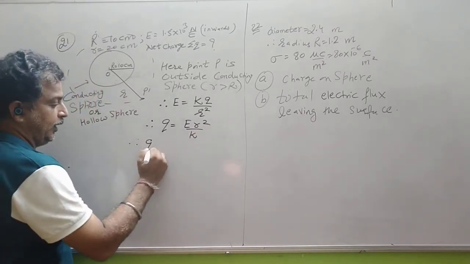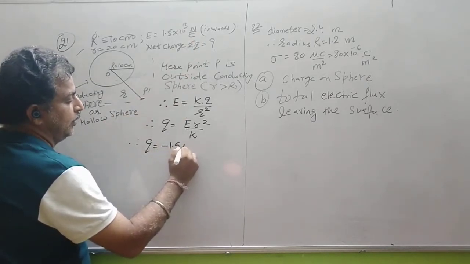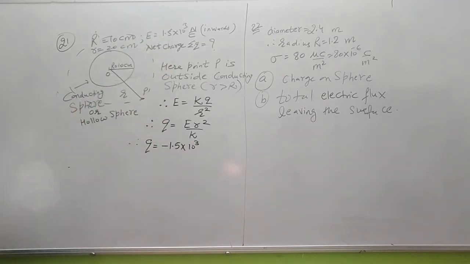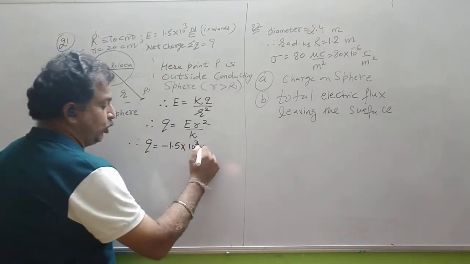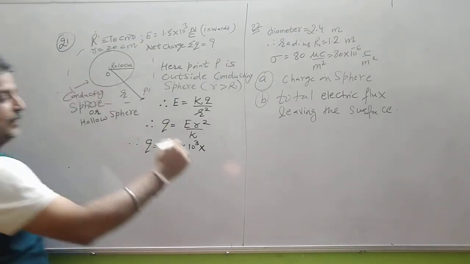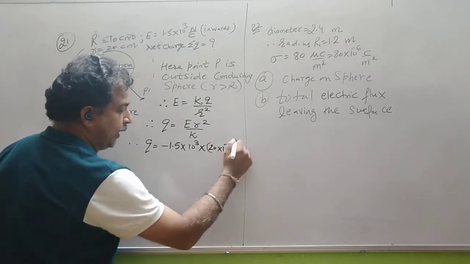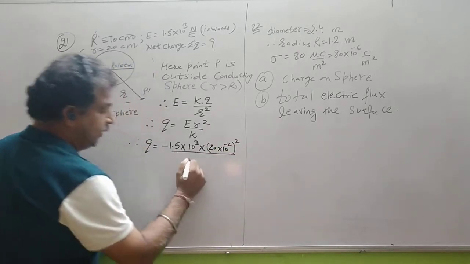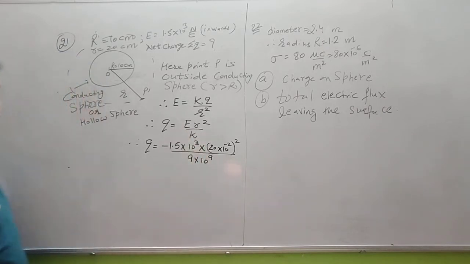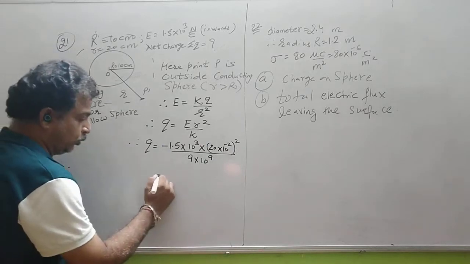Therefore q is equal to minus 1.5 into 10 raised to 3, with the minus sign taken because the electric field is inward, into small r, which is 20 centimeter converted into meter, whole square, divided by k, that is 9 into 10 raised to 9. So we substitute all these values and do the calculation.